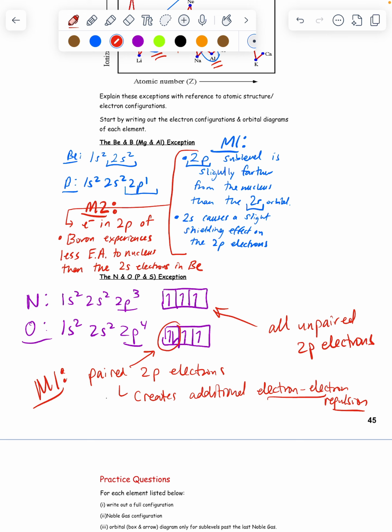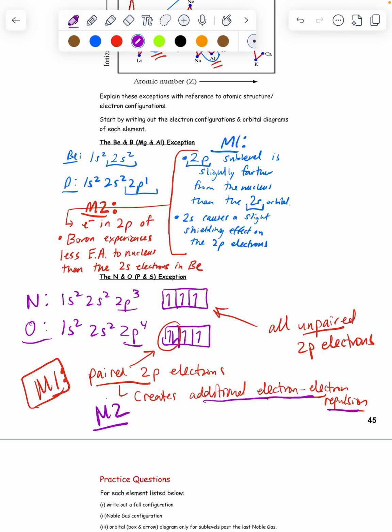So getting across the concept of unpaired versus paired electrons is probably the first mark. And then for the second mark, we're looking at how that creates additional electron repulsion.